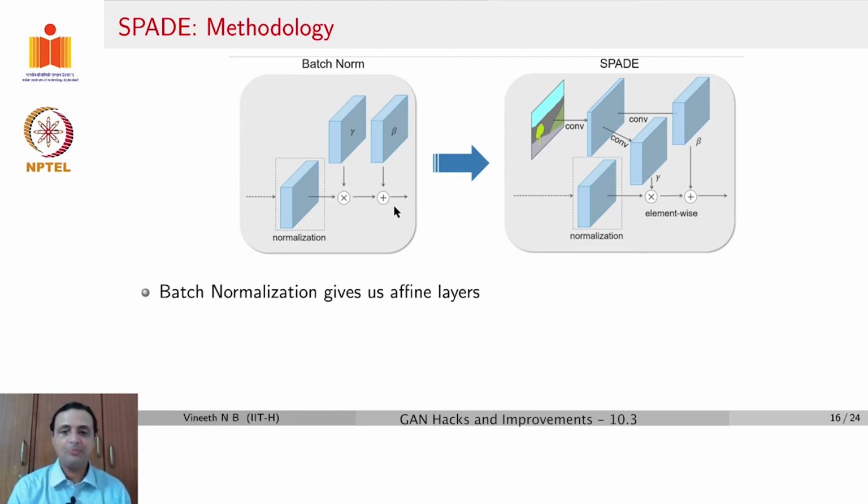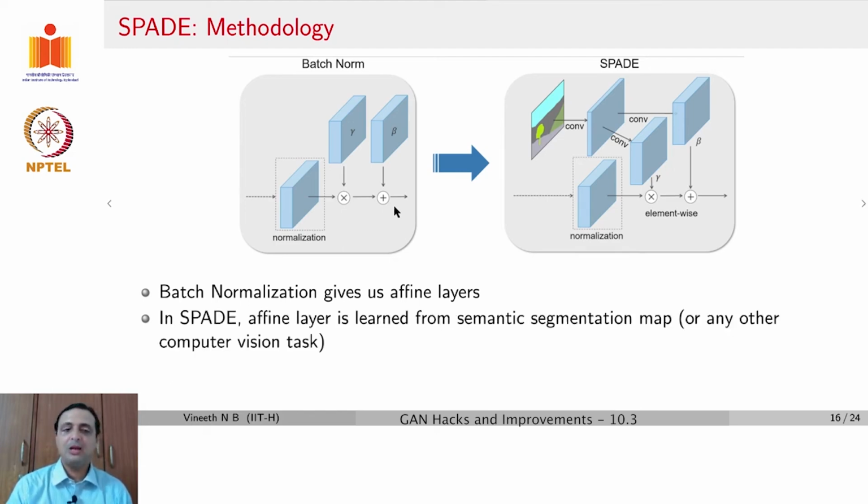However, in SPADE, a semantic segmentation map is given as input, and this map goes through a convolutional layer, and the convolutional layer outputs a gamma and a beta, which are used to normalize the previous layer of the generator.